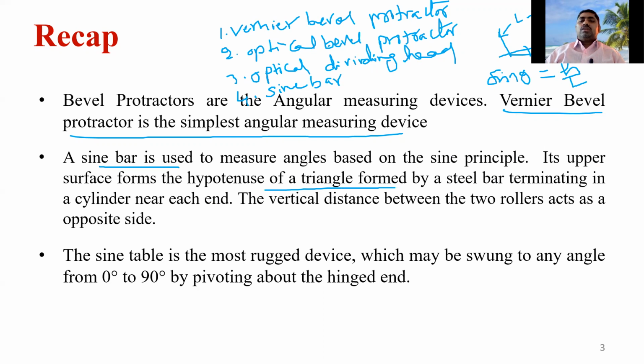This length is formed by the steel bar terminating in a cylinder near each end. That represents the center distance between the two rollers, and this opposite side represents the vertical distance between the two rollers.